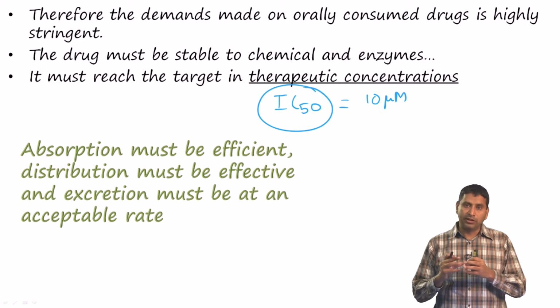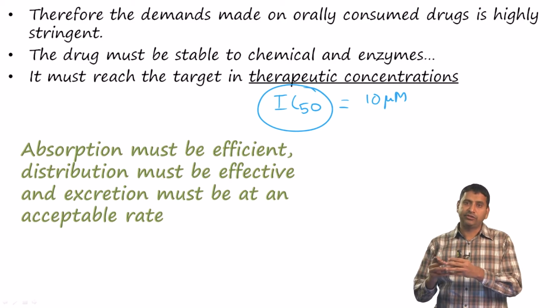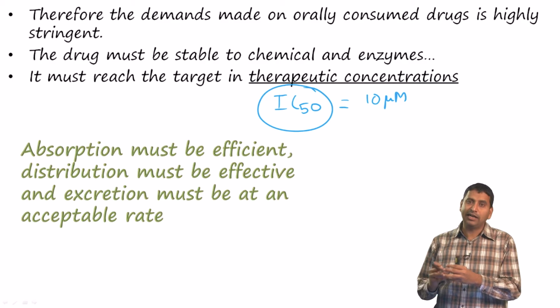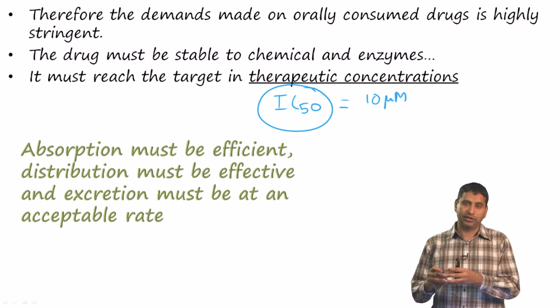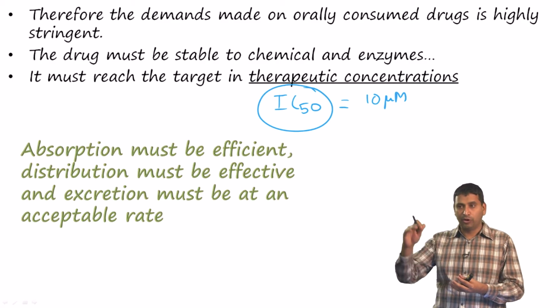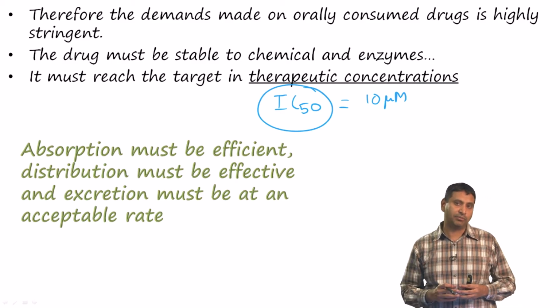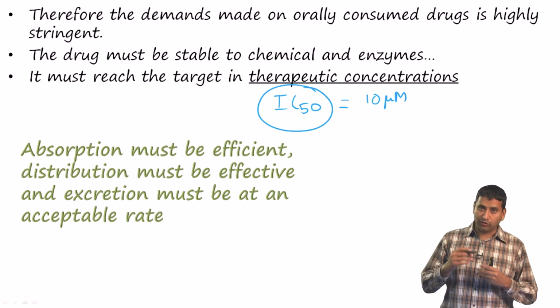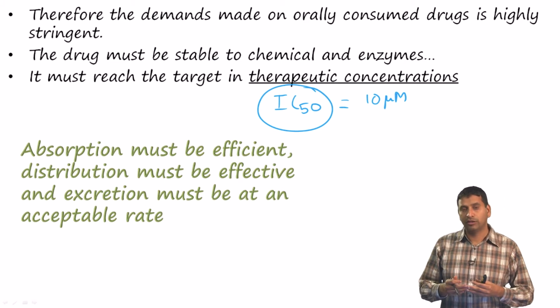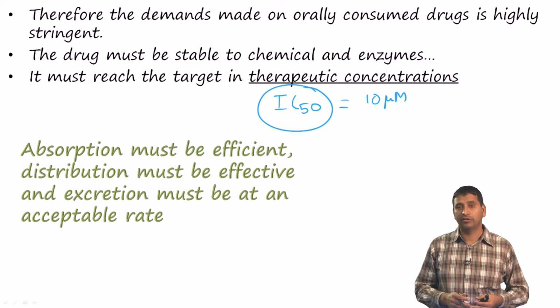Now, this drug has to reach the site at 10 micromolar concentration at least for you to see a 50% reduction in the activity of the enzyme. Okay. So, after crossing the stomach, passing through the gut and getting into the blood and then reaching the target, the concentration has to be at therapeutic level.